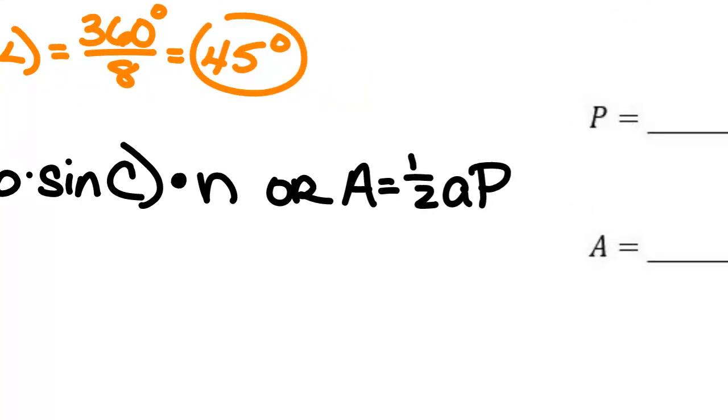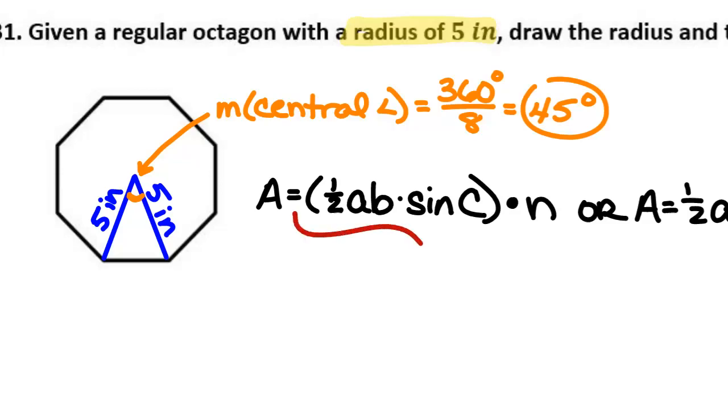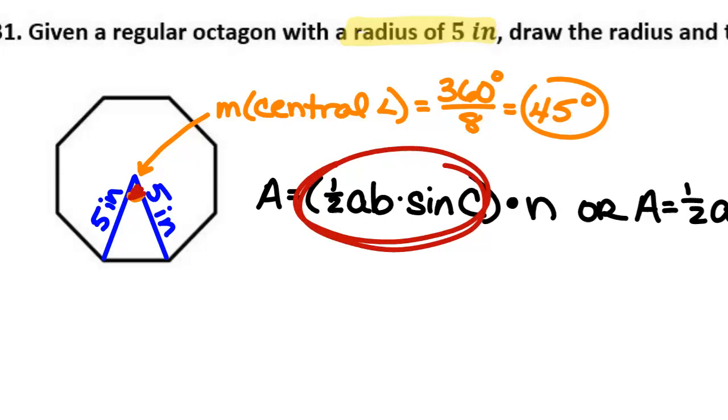Do we know the length of the apothem? No. Do we know the perimeter? No. This formula over here, this part of it right here, finds the area of this triangle. And then we multiply that by the number of sides, because that's how many triangles I could make if I drew in all of the radii of this circle.